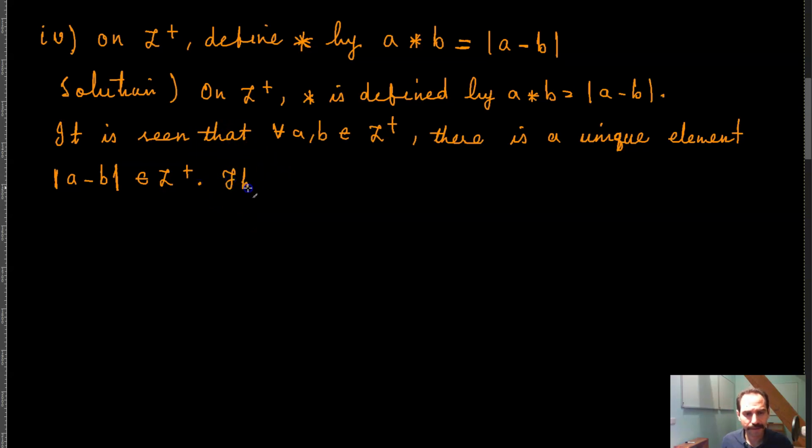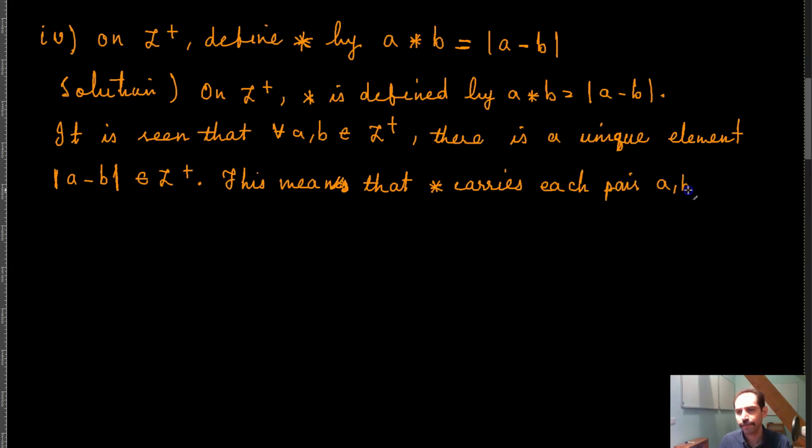So this means that star carries each pair A comma B to a unique element A star B, which is equal to the absolute value of A minus B in Z plus.